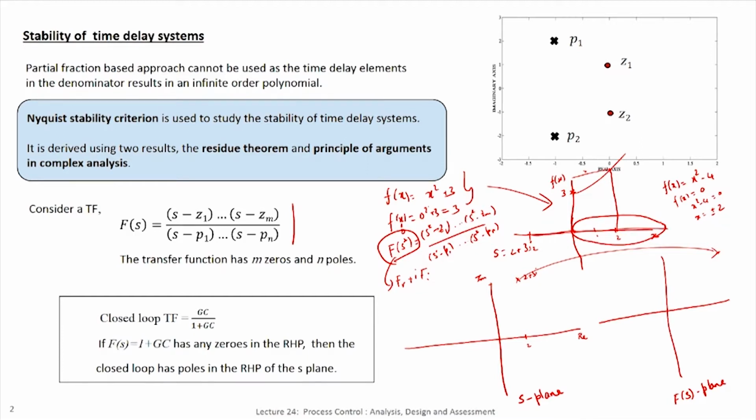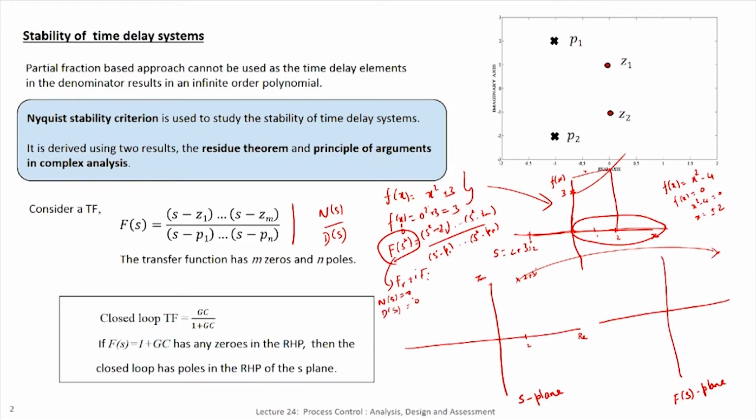However, if you ask the same question in terms of the f of s plane, which is of importance to us from a control viewpoint, and we ask when f of s, which is numerator by denominator, goes to zero, in other words, what are the zeros of f of s and poles of f of s, this translates to asking, just like f of x is 0, when will n of s go to 0 and when will d of s go to 0.